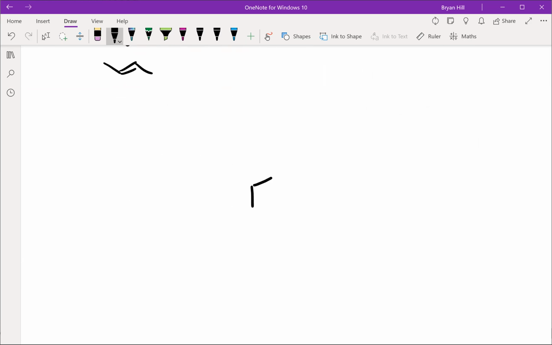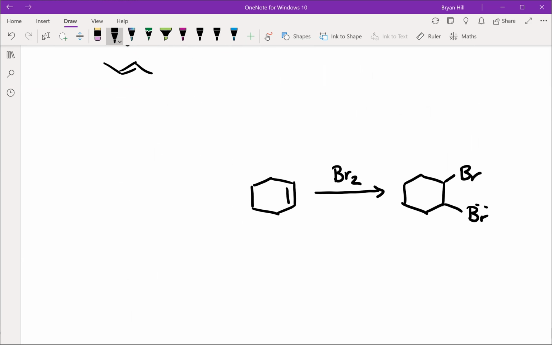Double bonds themselves, we reacted a double bond with Br2. What was the interesting thing about this reaction when we put bromines on each carbon? What was the specific thing that was important about it? They were on opposite sides. Right. They were on opposite sides. Okay. And why were they trans to one another?